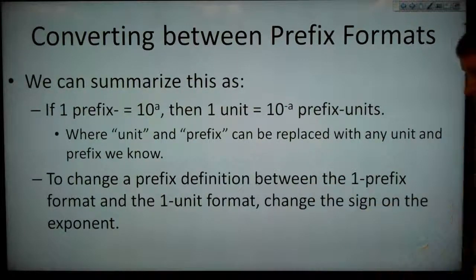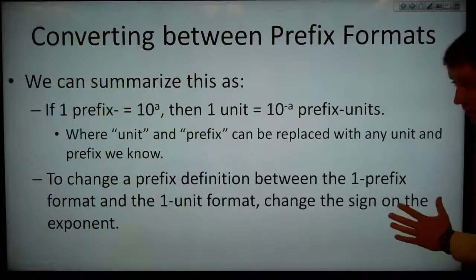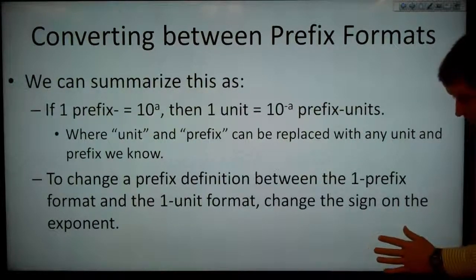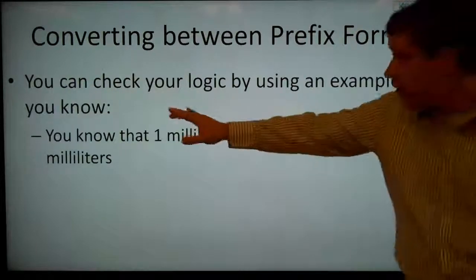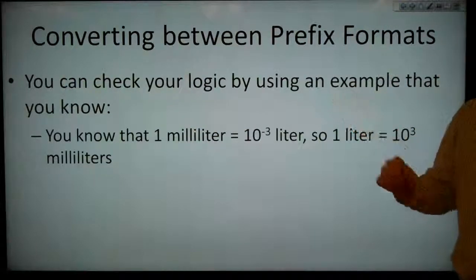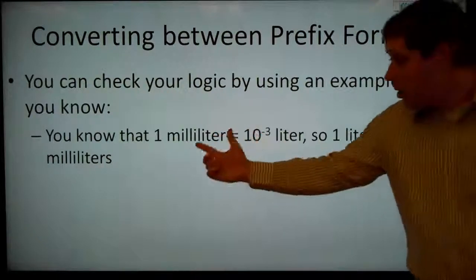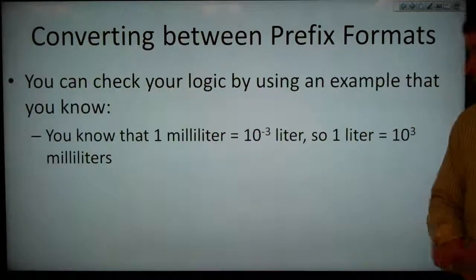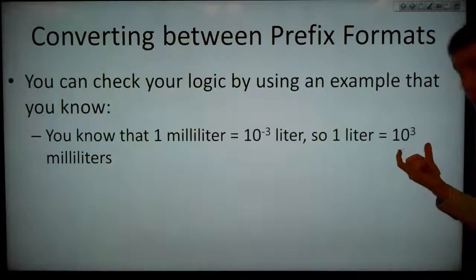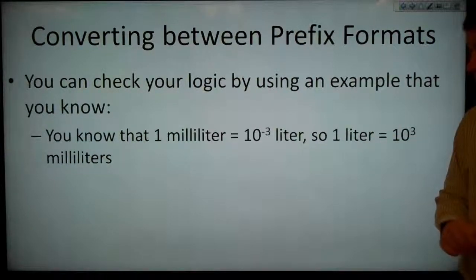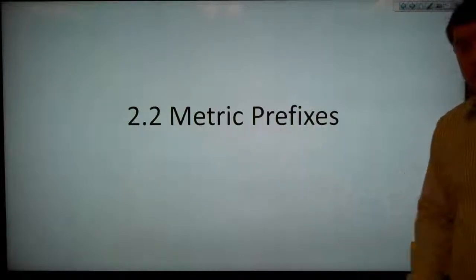So to change a prefix definition between the one prefix format and the one unit format, change the sign on the exponent. And then you can check your logic by using an example that you know. So you know that 1 milliliter is equal to 10 to the minus 3 liters. So 1 liter equals 10 to the plus 3 milliliters. So that was metric prefixes.